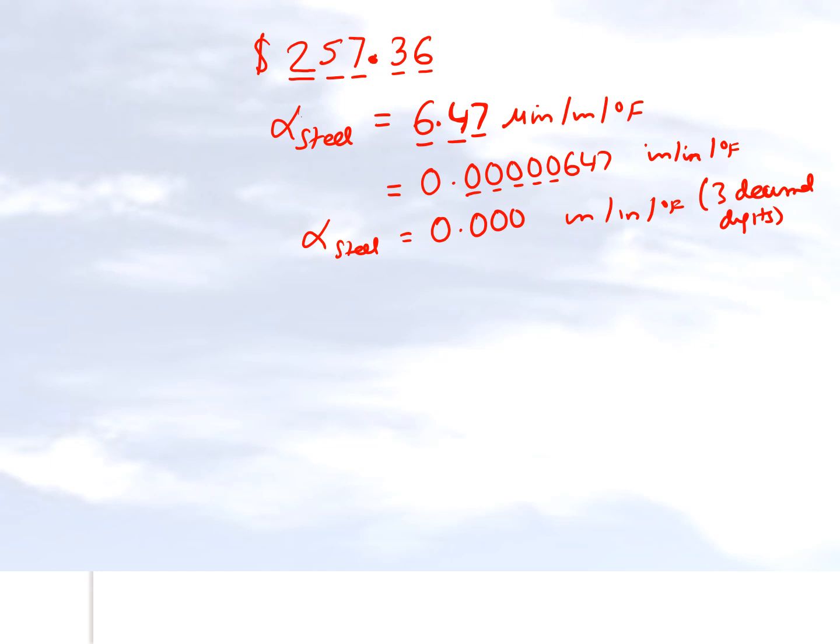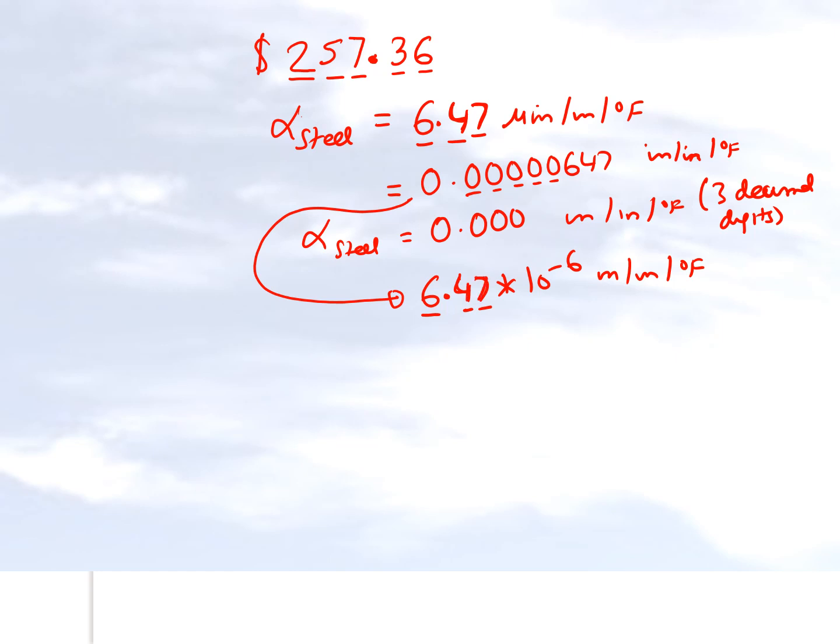One of the things we can do here is rewrite this number as 6.47 times 10 to the power minus 6 inch per inch per degree Fahrenheit. And you'll have 3 significant digits being shown here, with 6 being the first significant digit, 4 being the second, and 7 being the third.